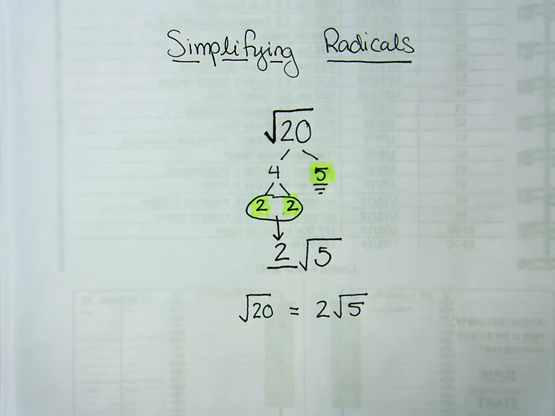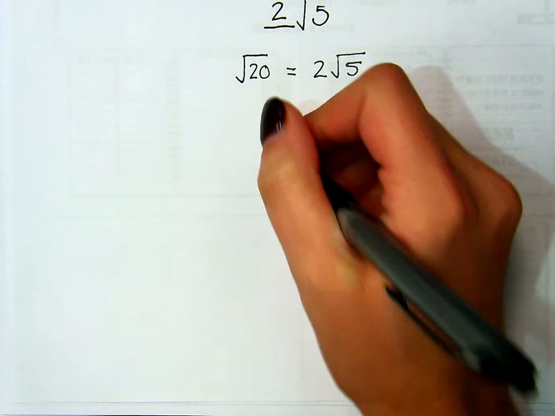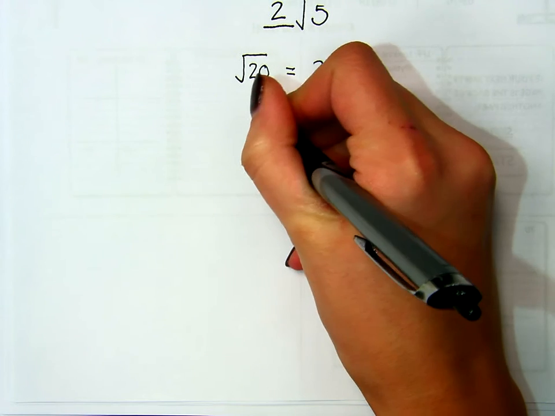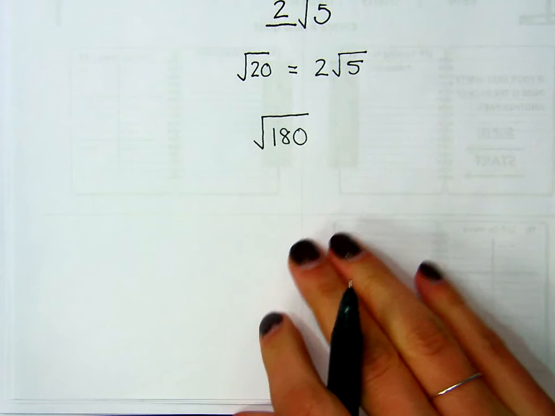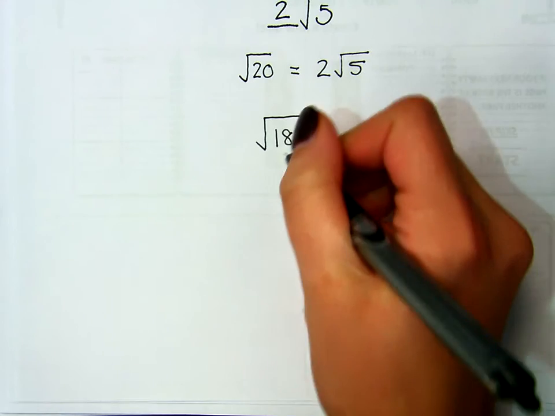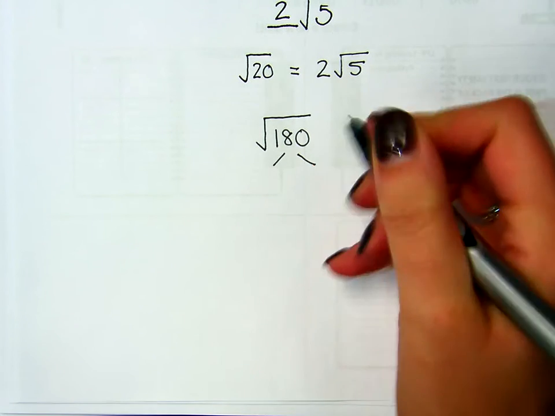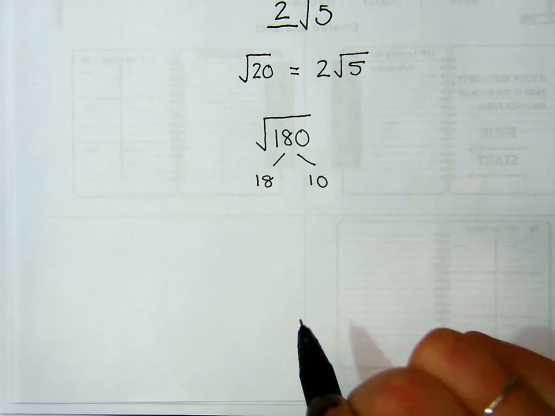Let's try another one that's a little bit more complex. Let's take the square root of 180. Again, I can split this up into any pair of factors that I can think of, but I'm thinking of 18 and 10 because this ends in a 0.